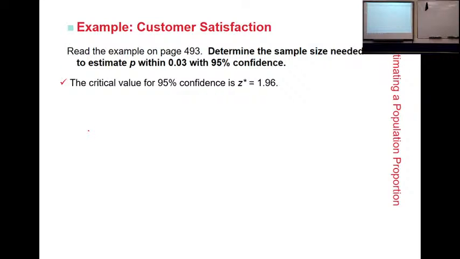So 0.03 equals z-score times the square root of p hat times 1 minus p hat over n. And I want to know what sample size I want. I want to solve for n.